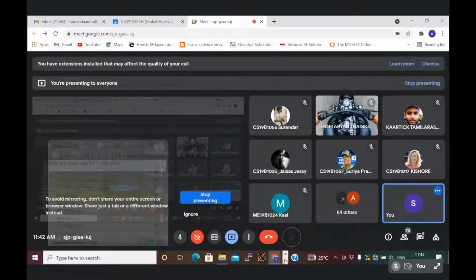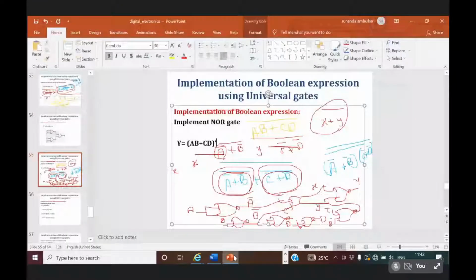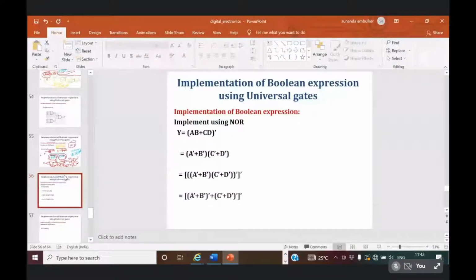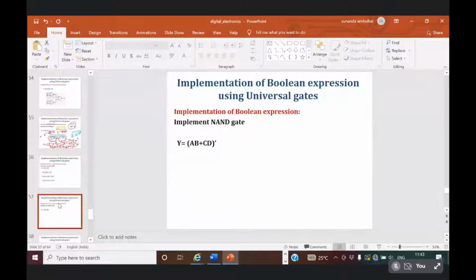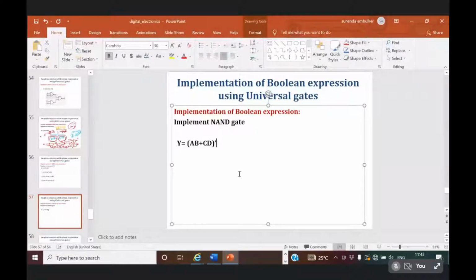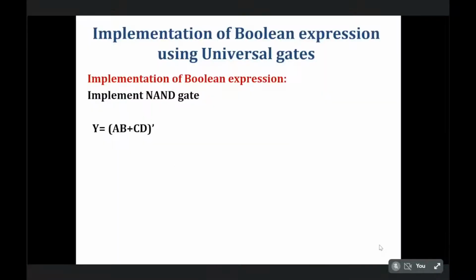Okay. Anyone having any kind of doubt how to minimize this thing? No. So can I leave this example up to you? Is it okay?